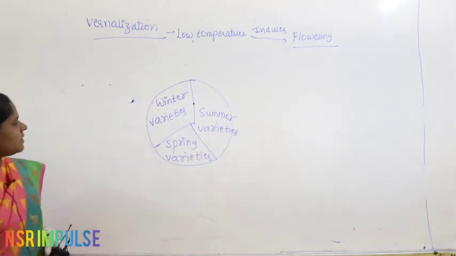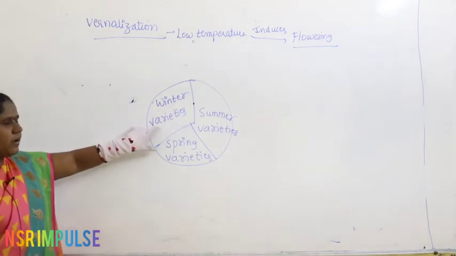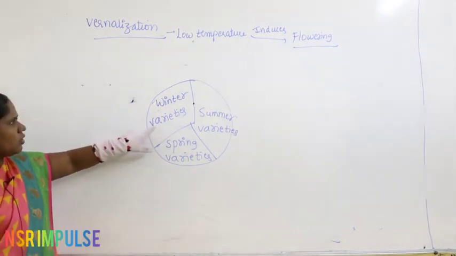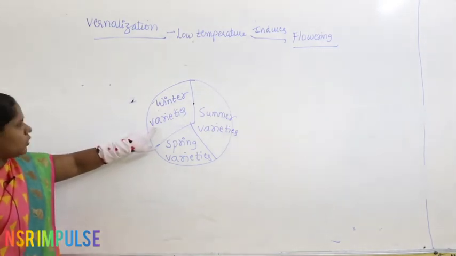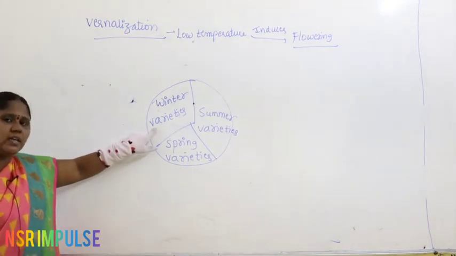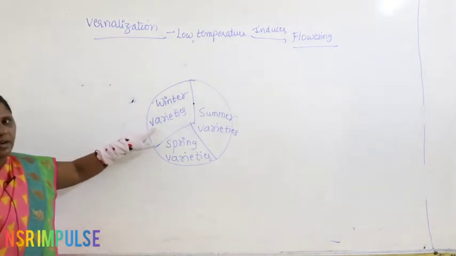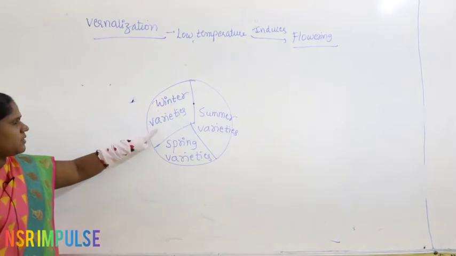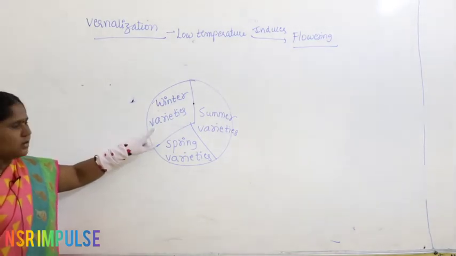Some plants require a very short duration of light, low temperature, but long night exposure. They are called winter varieties. The plants which give flowers in winter are called winter varieties.